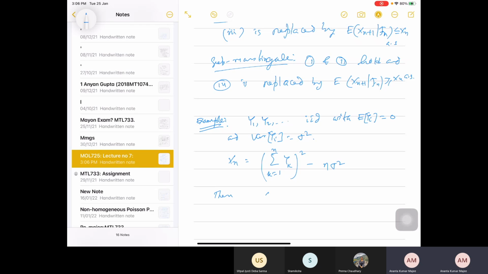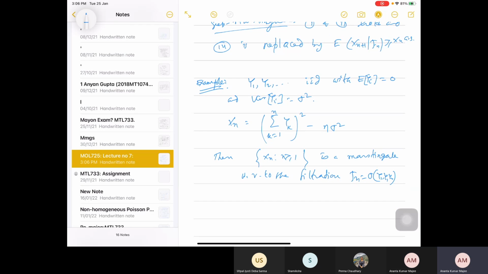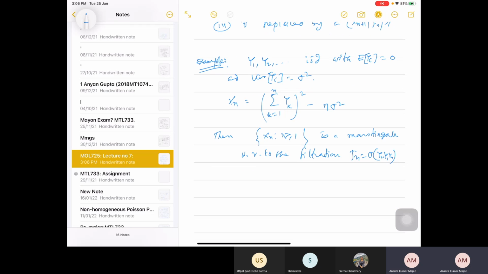Then my claim is that X_n is a martingale with respect to the filtration F_n, which is the sigma algebra generated by Y1, Y2 up to Y_n. So X_n is an F_n martingale where F_n is in this form.